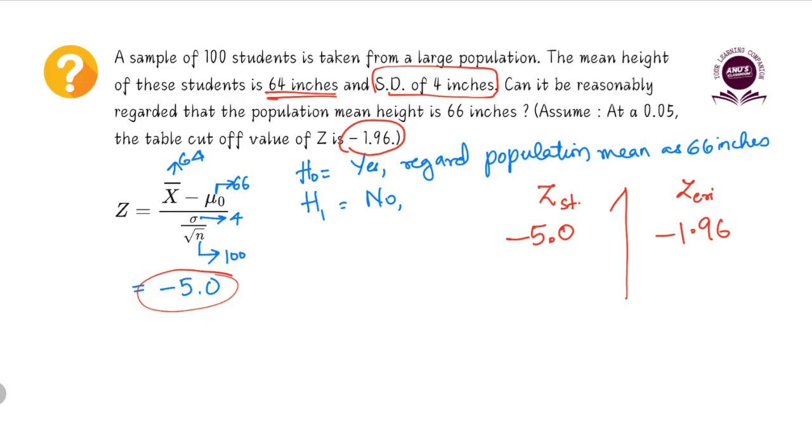So what was the decision rule? We don't have to consider the negative sign, we can just consider it as 5 and 1.96. If the mode of the z statistic is greater than the z critical value, then we can reject the null hypothesis. Otherwise, we will fail to reject. That was the decision rule, correct? So, what can we see over here?